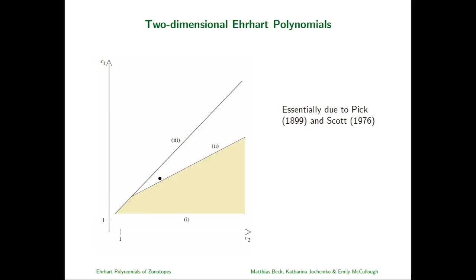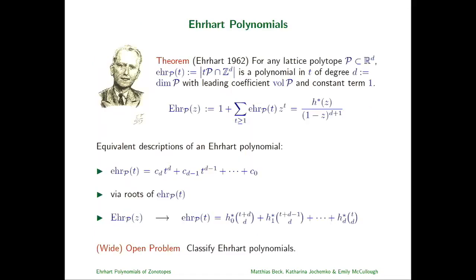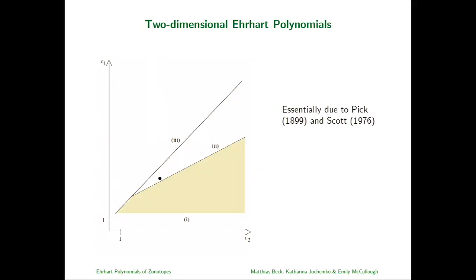You can convince yourself that for a degree 2 Ehrhart polynomial, these coefficients have to be half integers. Just take my word for it. In this graph, you see a bunch of lines, a bunch of rays, and a region, and then there's this funny point.